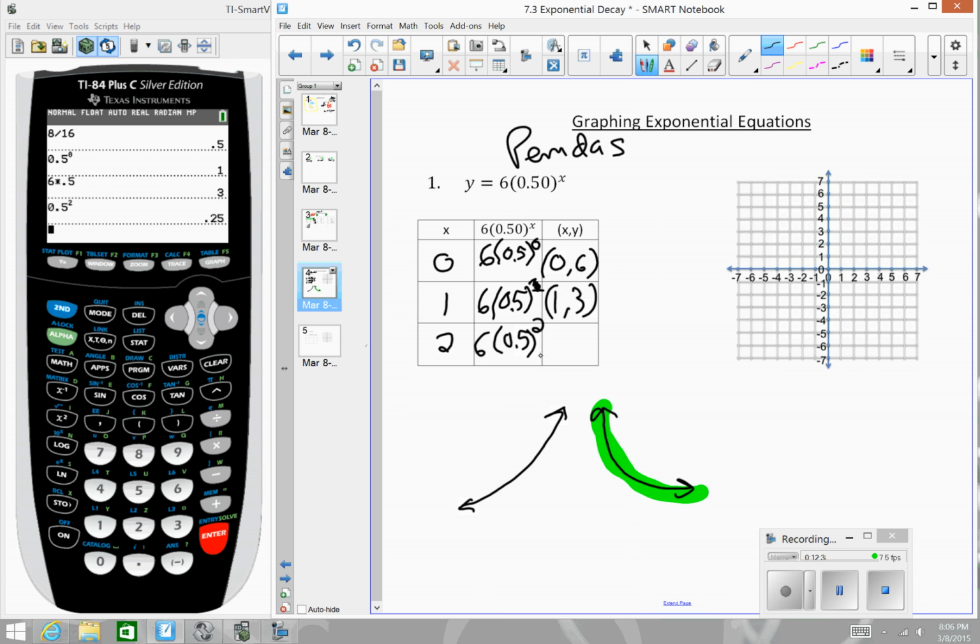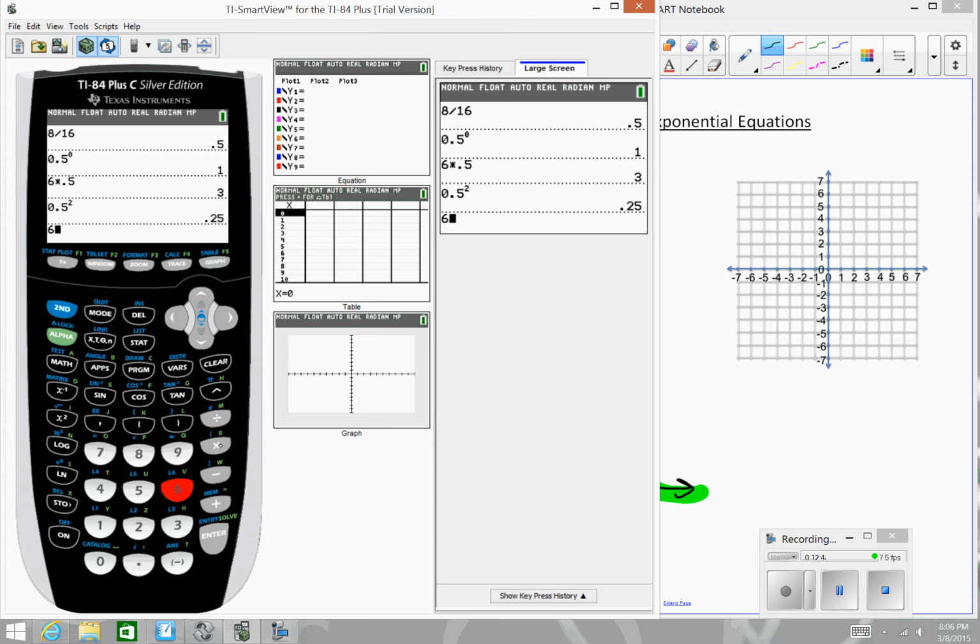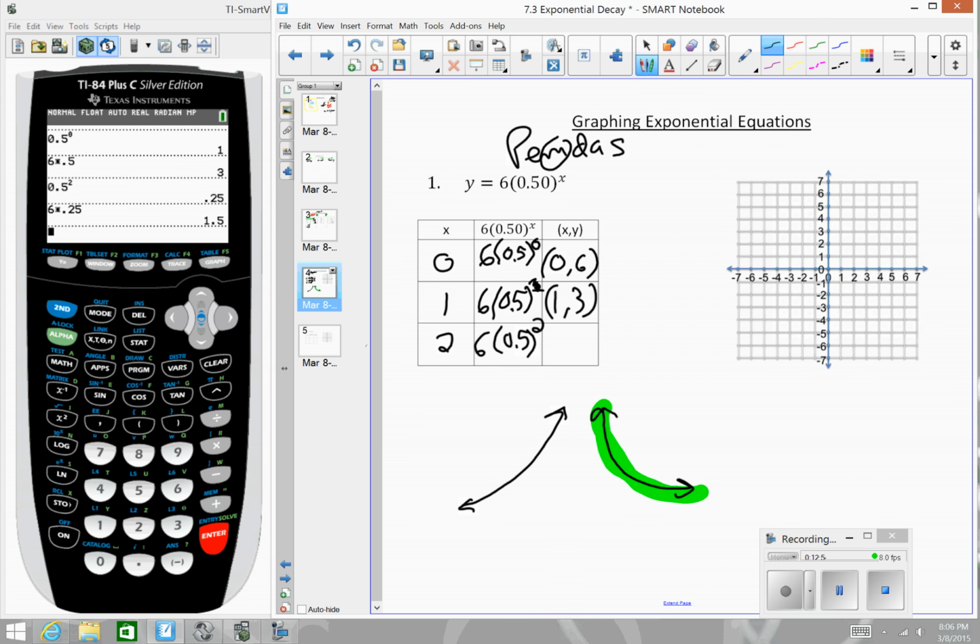Is that my answer? No, right? Because we have to multiply. So we take the 0.25 and multiply it by 6, hit enter, and our answer is 1.5. So when we input a 2, we're going to output a 1.5.